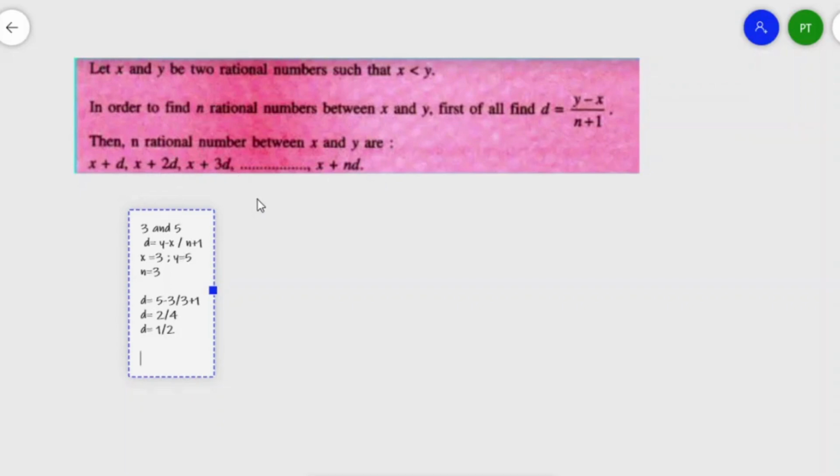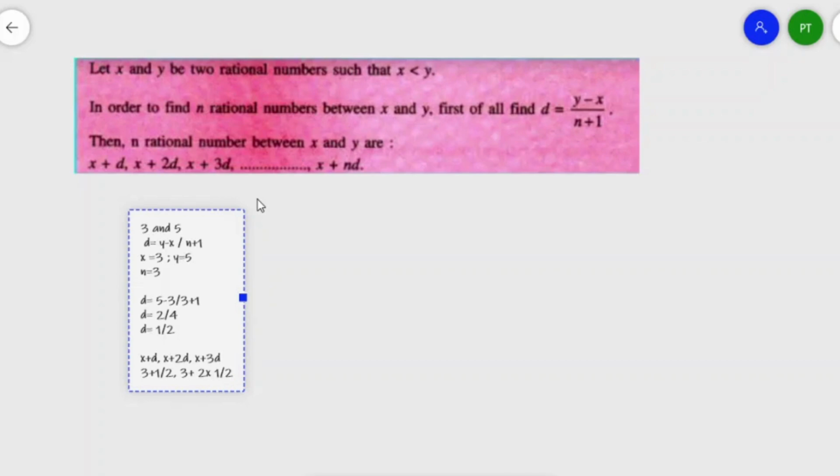Since I said we have to find 3 rational numbers, our equation will be like this: x plus d, x plus 2d, then x plus 3d. Okay, so let's just substitute into this given equation. It will be 3 plus 1 by 2, comma, 3 plus 2 times 1 by 2.